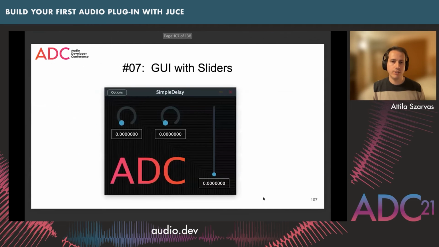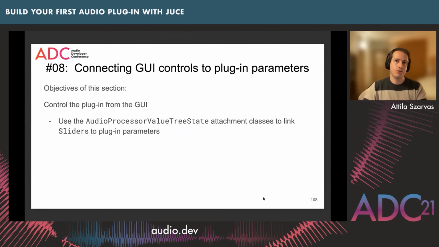This is the step where I would like to remind you that there is going to be an interaction between the user interface thread and the audio processor thread. In order to be free of any race conditions and not have to worry about it ourselves, we are going to use the audio processor value tree state attachment classes.